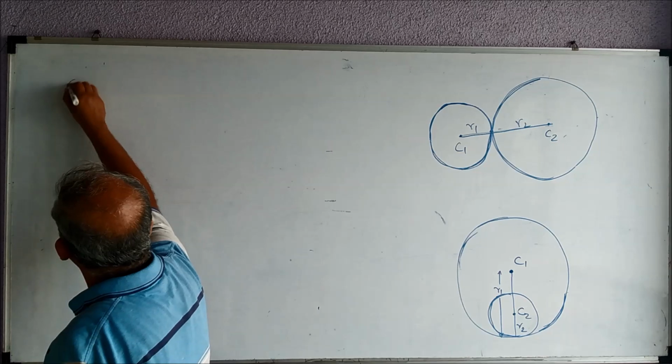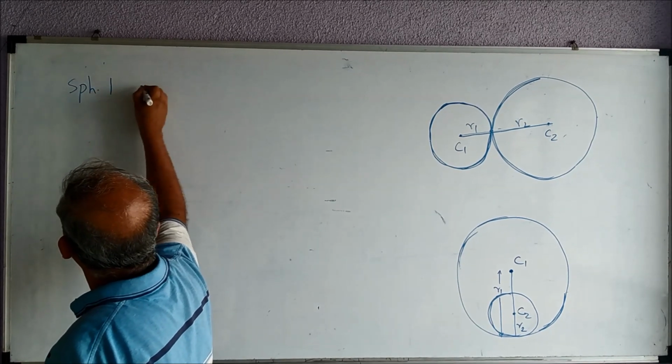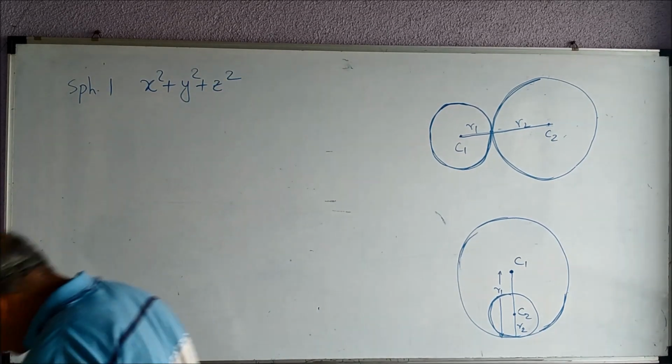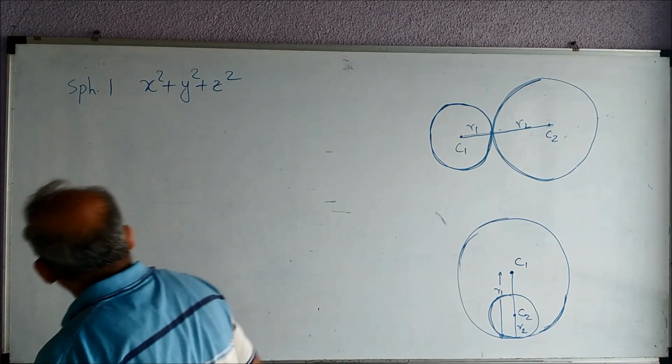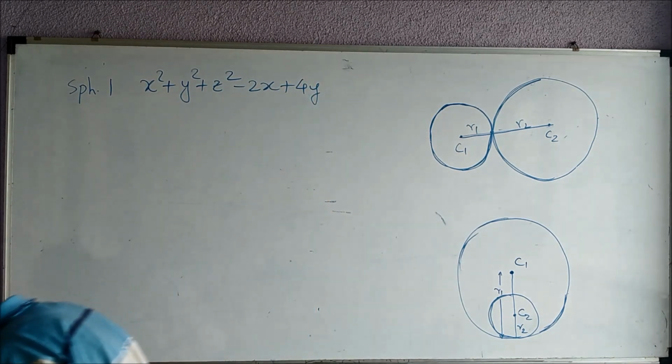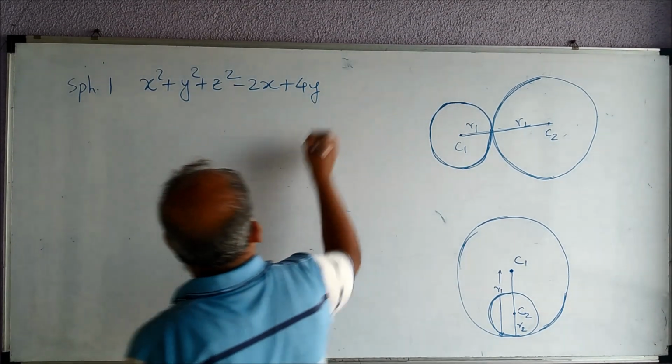Sphere 1 is given as x square plus y square plus z square minus 2x plus 4y minus 4z equal to 0.